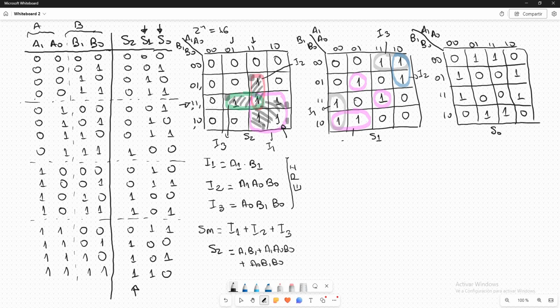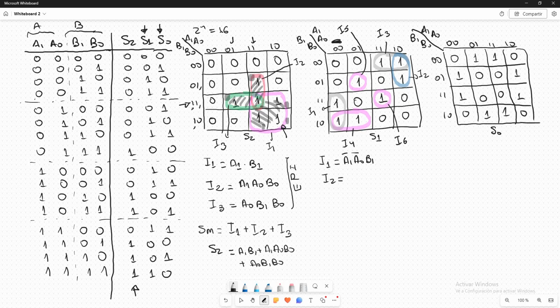This can be implicant 4, implicant 5, and implicant 6, and we translate this into product terms. So implicant 1 is going to be these columns that are A1 and A0, both of them negated because their value is 0. And here, in the rows, the variable that doesn't change is B1, not negated because its value is 1.